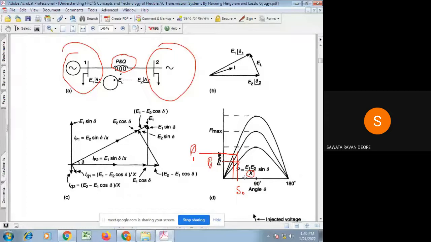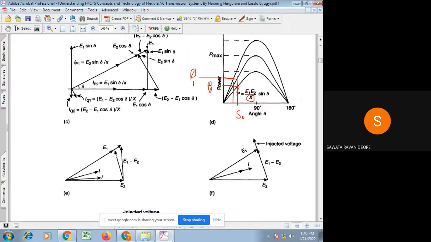So we can say that more power can be transferred more securely through the same transmission line if it is provided with line impedance compensation. That is one parameter which we can control.